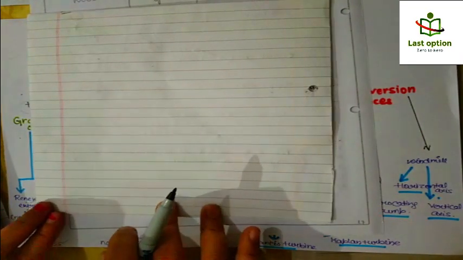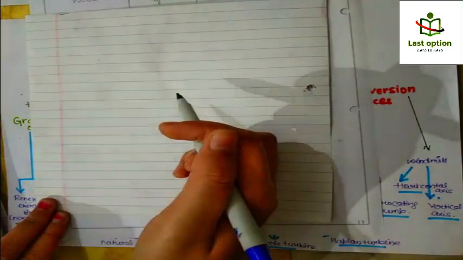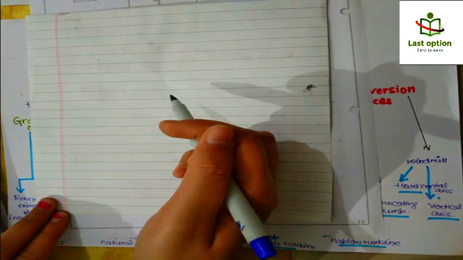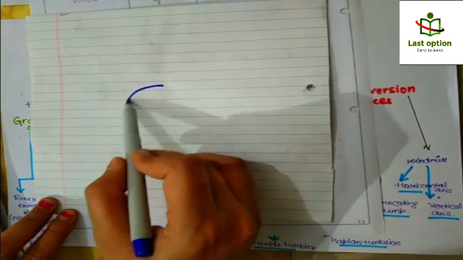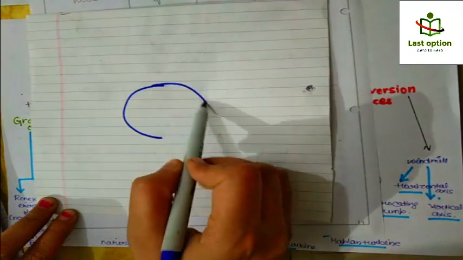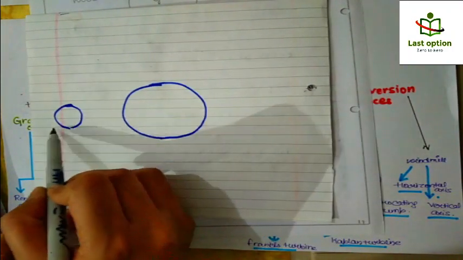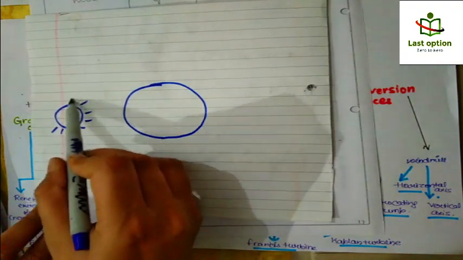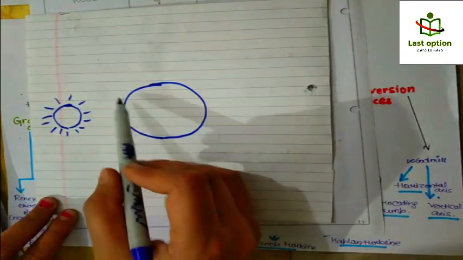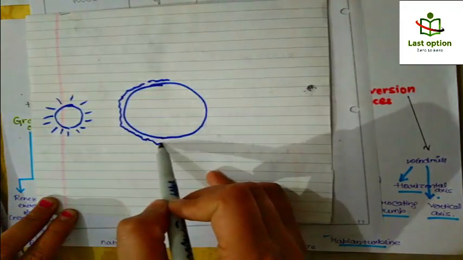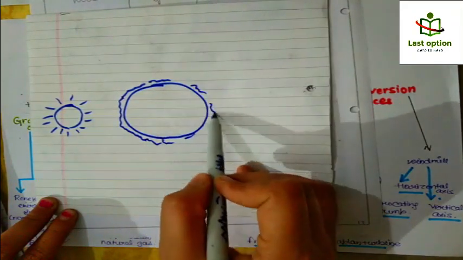Tides are the result of the periodic rise and fall of the water level of the sea. Assume this is the Earth, and here is the sun. Actually, in reality it's not so close, but I am explaining. This is the water above the Earth, not everywhere, but okay.